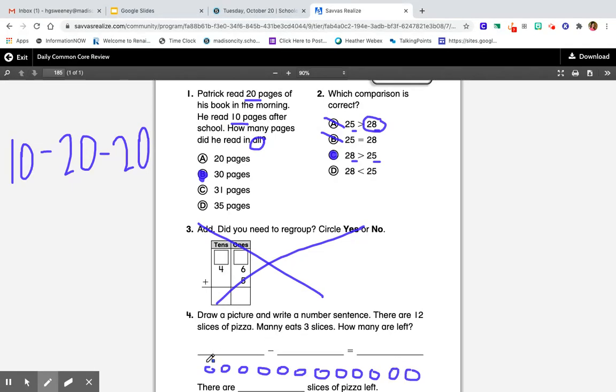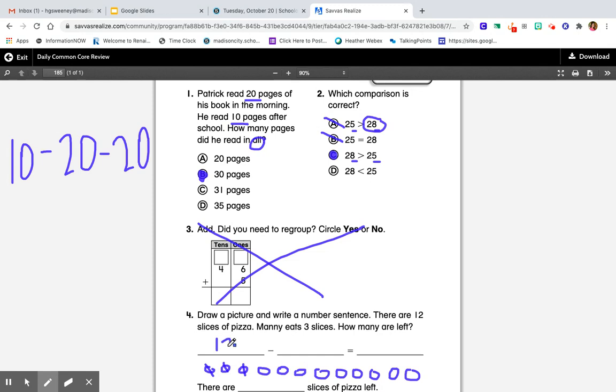He eats 3, so that means he's taking 3 away. If he eats them, they're gone. So I'm going to cross 3 out. So this is how many he has left. 1, 2, 3, 4, 5, 6, 7, 8, 9.